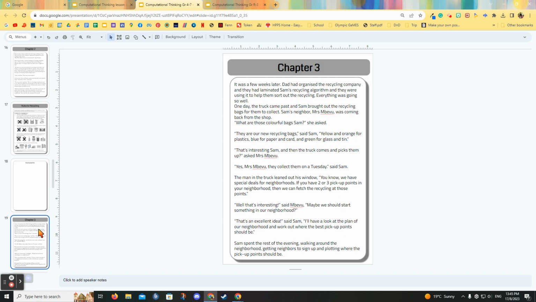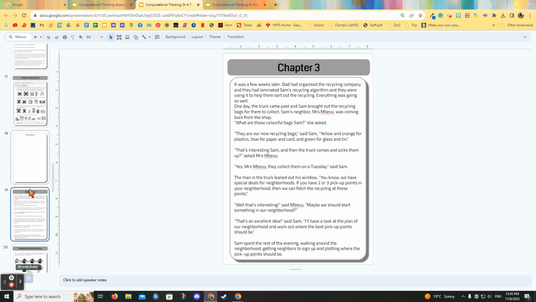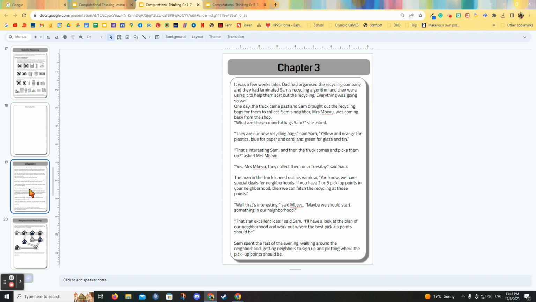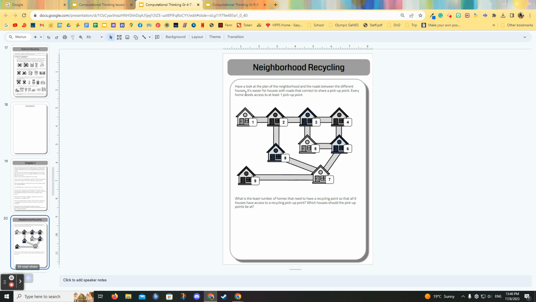Then we're going to carry on to chapter 3. Chapter 3 talks about the recycling company that is going to come, and getting the neighbors involved. They're talking about not just recycling at their house, but including all the neighbors in the neighborhood, going around and signing them up. Then there's this problem that they need to look at. It's easier for houses with roads that connect to share a pickup point.